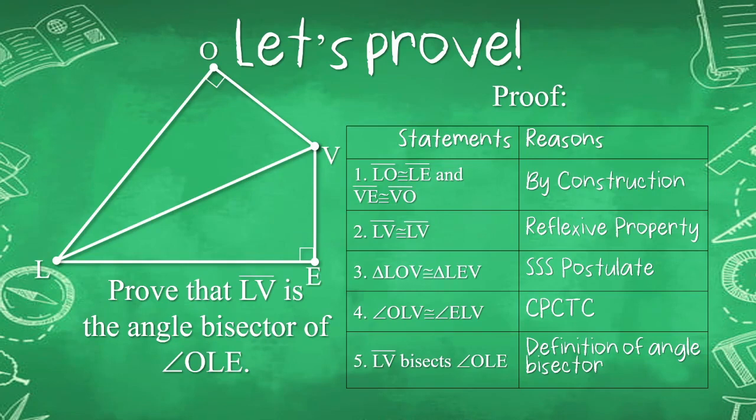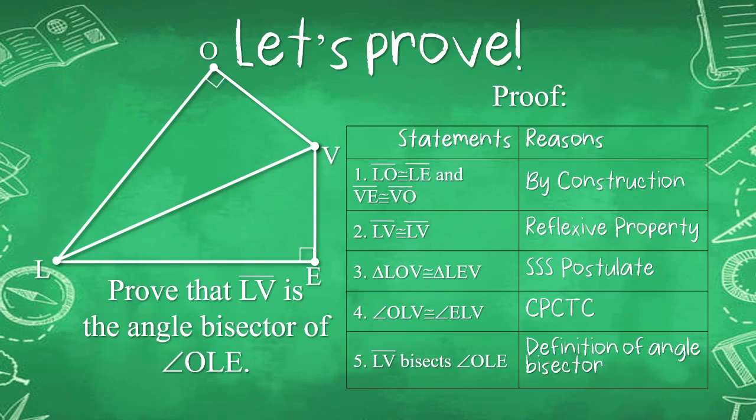Therefore, we can conclude that triangle LOV is congruent to triangle LEV by SSS, or side-side-side postulate. It follows that angle OLV is congruent to angle ELV by CPCTC, or corresponding parts of congruent triangles are congruent.